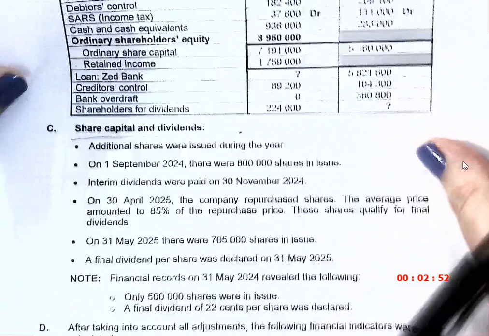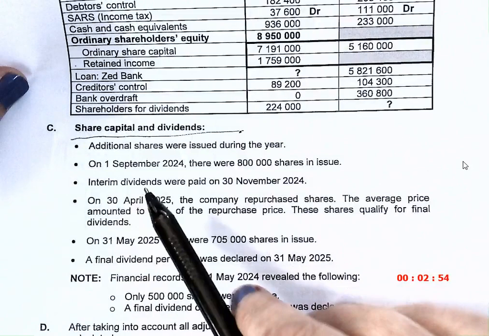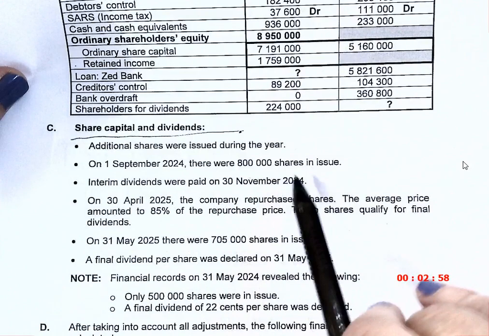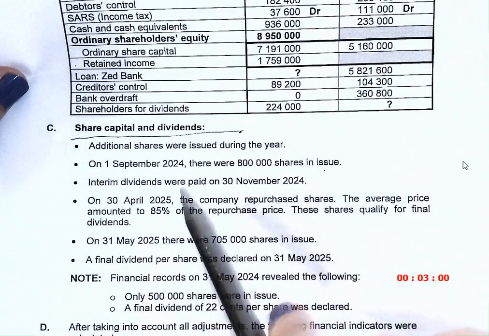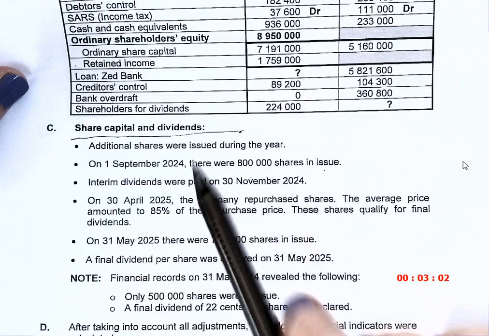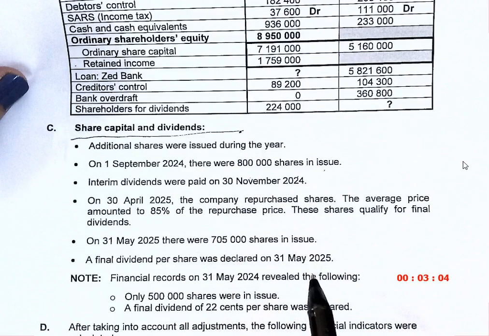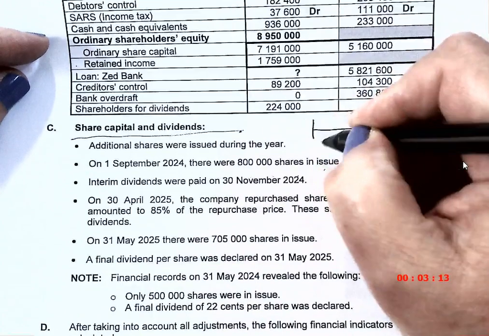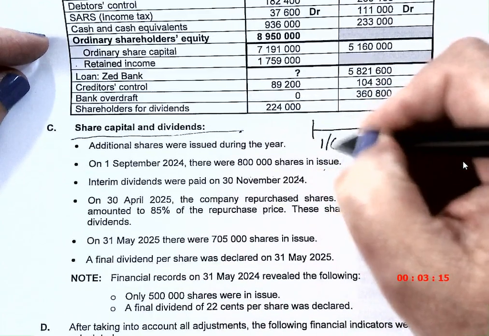So they say, on 1st September, there were 800,000 shares in issue. Is 1st September the beginning or the end? It's in between. Right? Let's quickly look. What is my financial year? It starts the 1st of June.